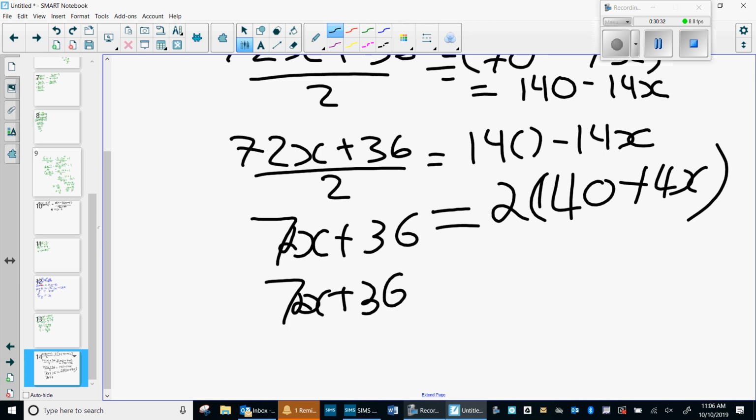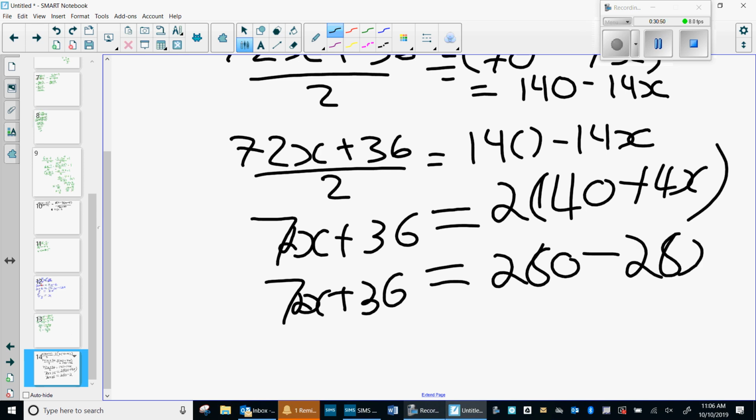Why is it add 14x? Because you just brought it over. But I haven't done that yet. It says minus 14x. I'm trying to go quick and keep rushing it. Sorry, 280 minus 28x.